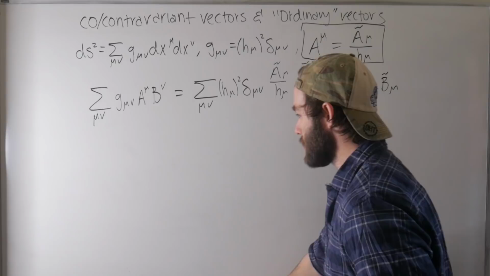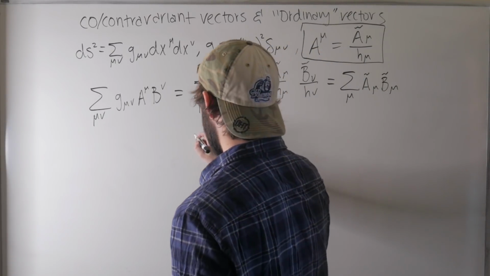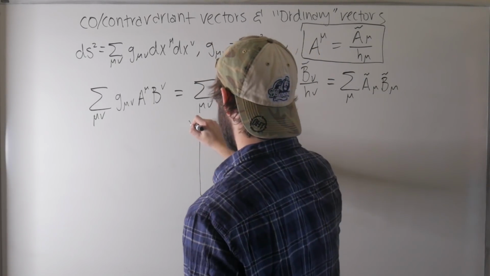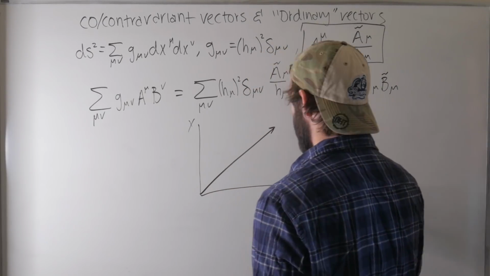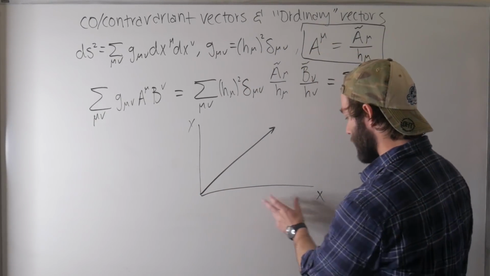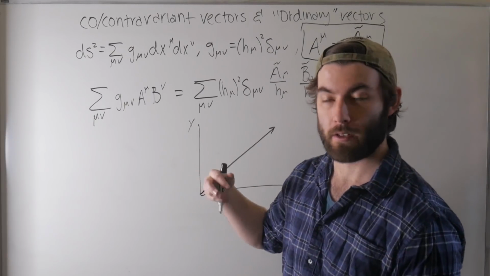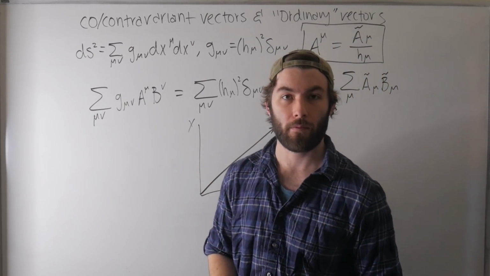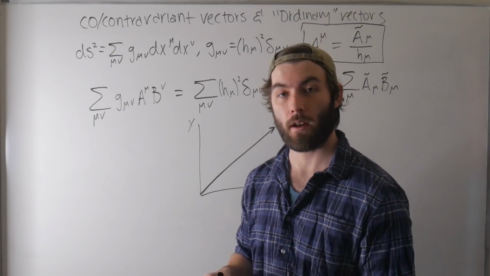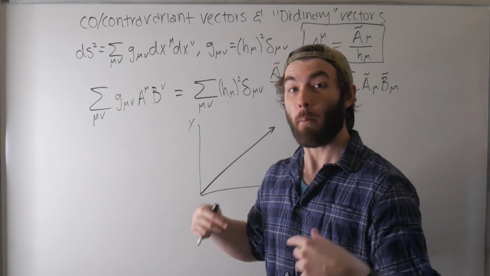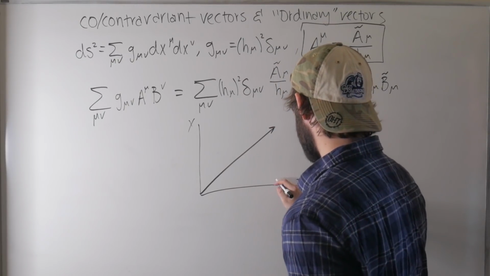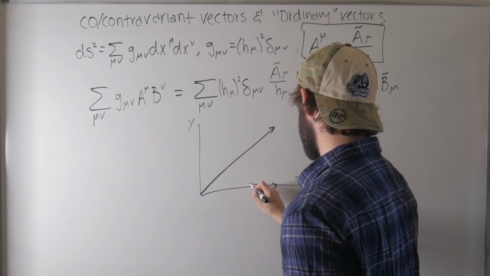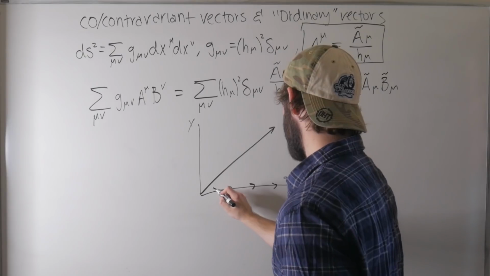for something like a contravariant vector, we can impose some coordinate system, let's say y and x, and here's our vector, and we're going to have our x basis vectors and our y basis vectors. And typically when we talk about vectors, the coefficients of those vectors are going to be how many of those basis vectors we needed. So if, say, one ends here, 2, 3, maybe 4.